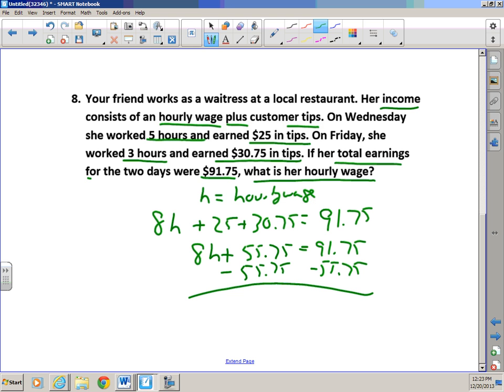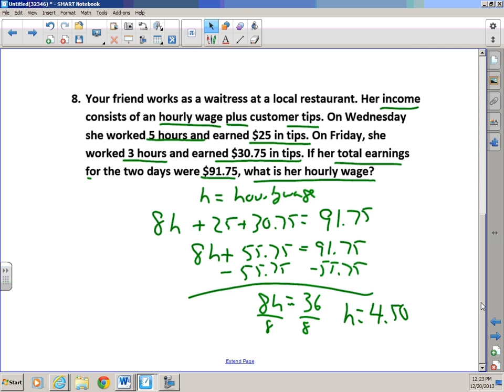So I have 8H is equal to 36. When I divide, I get H is $4.50. Okay? And again, there you should be expecting a number that works out evenly because you're talking about what somebody's hourly wage is, which should be an actual workable number.